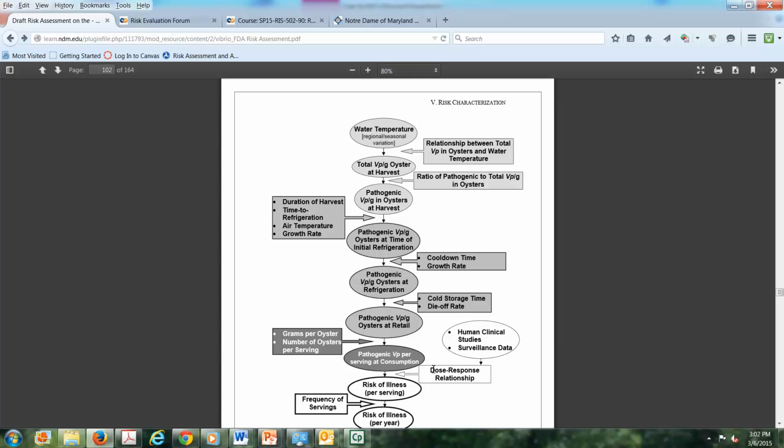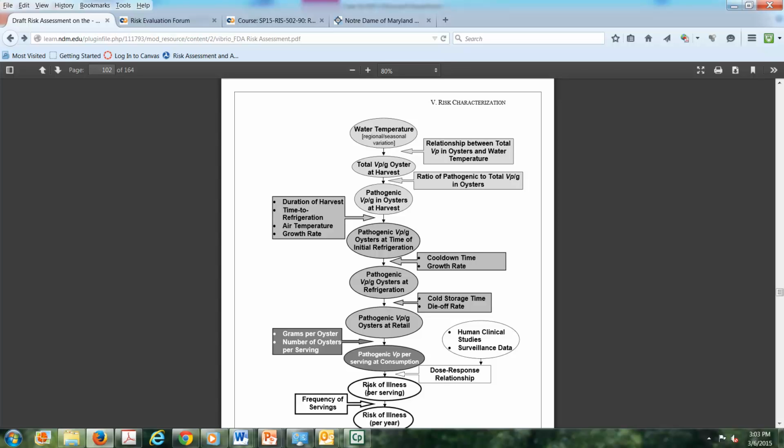Right here where we're looking at this little rectangle, this is the dose-response relationship. Feeding into it would be hazard characterization data. So these 2 elements right here, the human clinical studies, surveillance data, and the dose-response relationship, they would comprise the hazard characterization piece of the risk assessment.